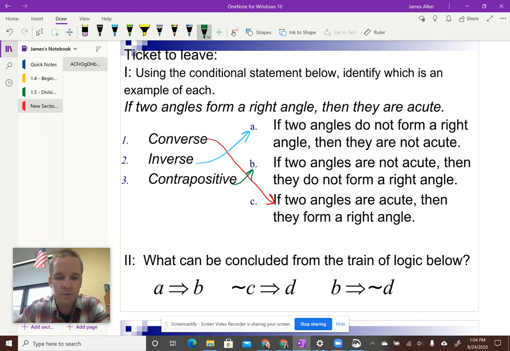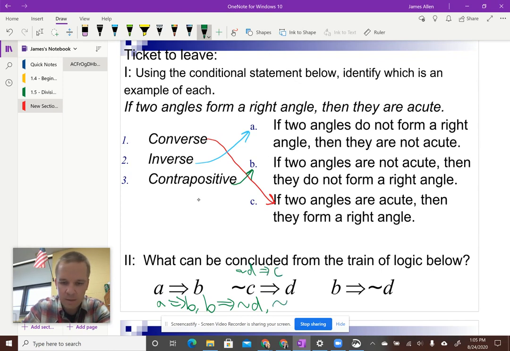What can be concluded from the chain of logic below? Well, let's see here. I can go from A to B. So I would have A to B. And then I can use that B to not D. Okay, awesome. And then what if I were to flip this one or do the contrapositive? I could change this to not D, then C, couldn't I?